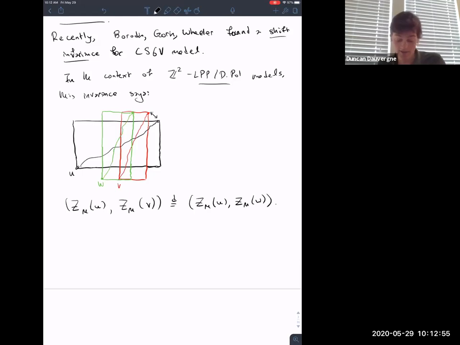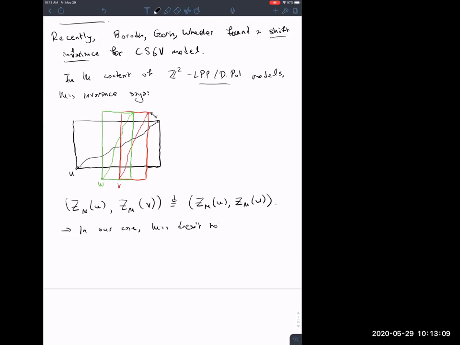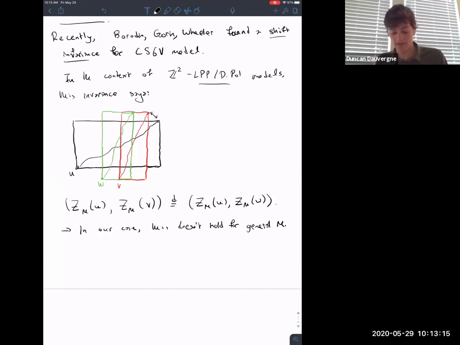First of all, I should say in our case, this doesn't hold for general m. So certainly it's a surprising thing that this should hold at all, and it really is something special about the integrable structure of these models.